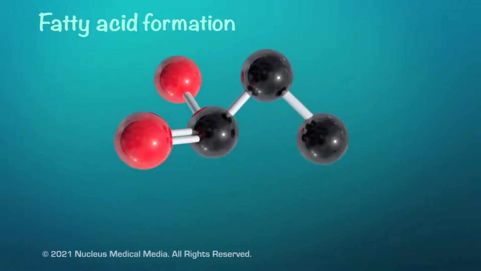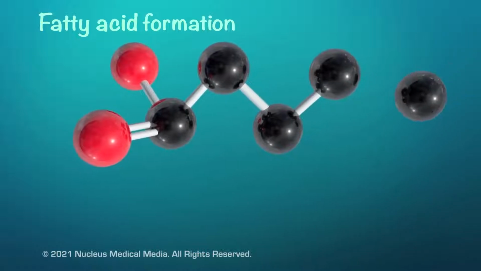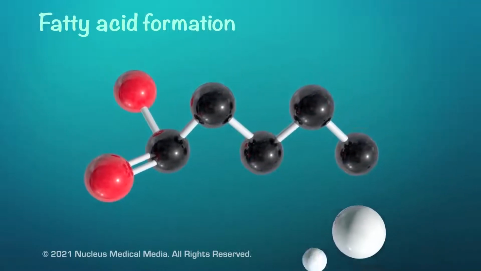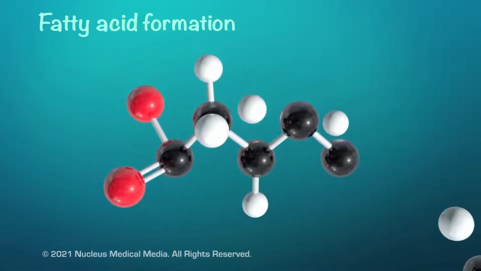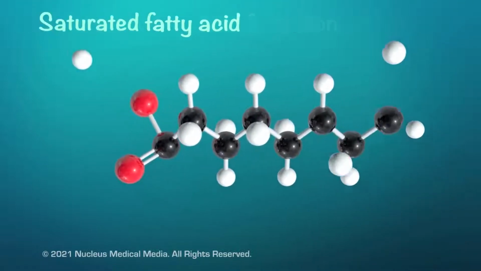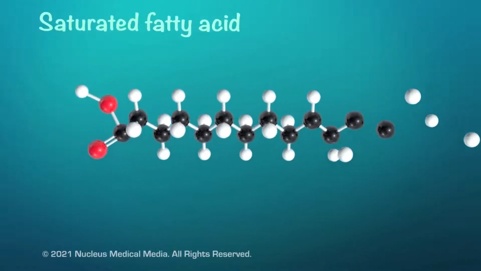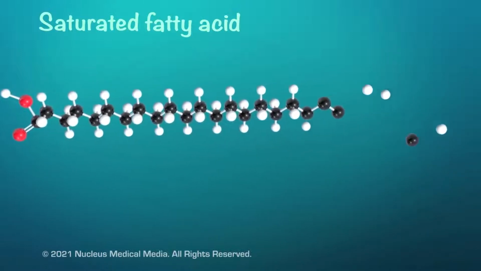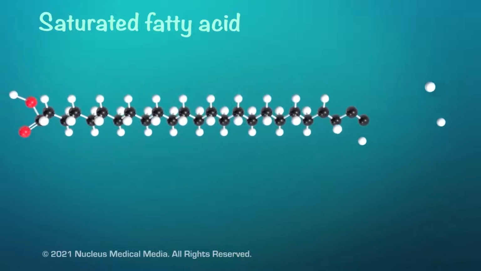When each carbon atom forms 2 single bonds with adjacent carbon atoms and another 2 single bonds with adjacent hydrogen atoms, we call this fatty acid saturated. This means the fatty acid is saturated with all the hydrogen atoms it can possibly contain.